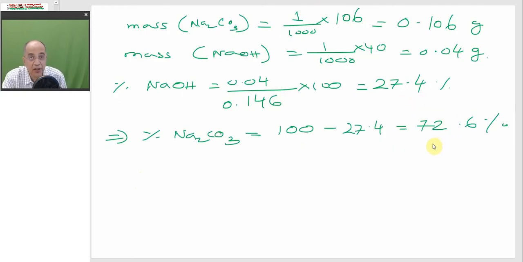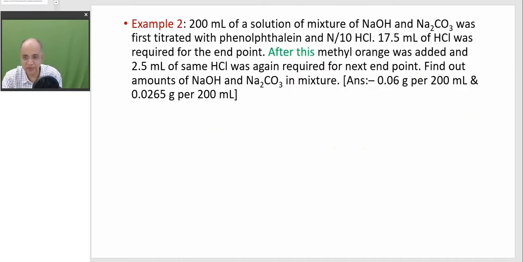It's not the mass percent that we commonly take in solution, mass of the solute by mass of the solution into 100. It has nothing to do with solution. But in other questions, you'll be asked to find the molarity of the solution, sodium carbonate solution, and the strength in grams per liter. So hold on.